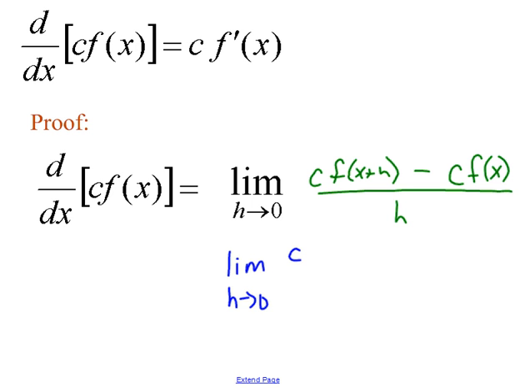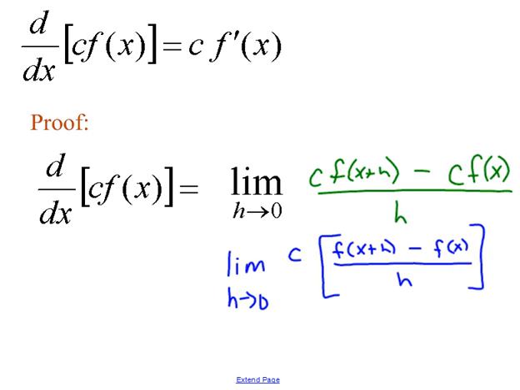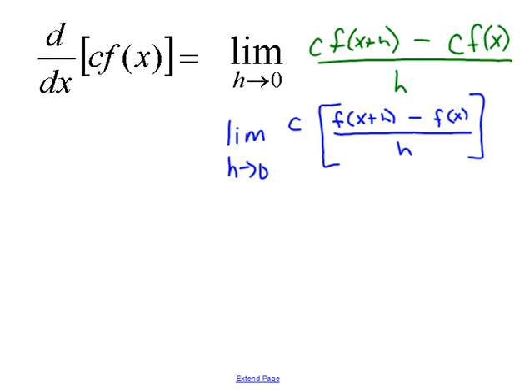So I can do c times f of x plus h minus f of x, all over h. Then we go back to the limit laws that we learned in our first chapter, which tell me that if I have the product of two things, I can look at the limit of each one separately. So c times the limit as h approaches 0 of all of this stuff.